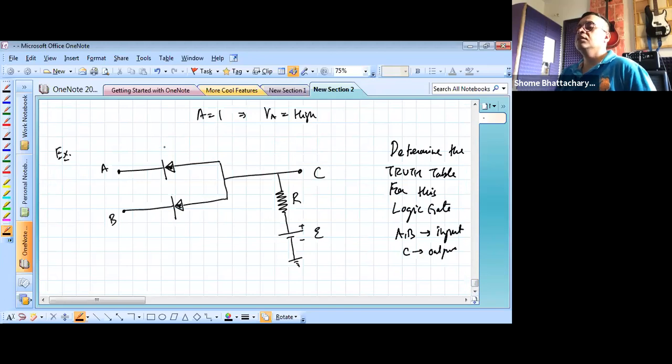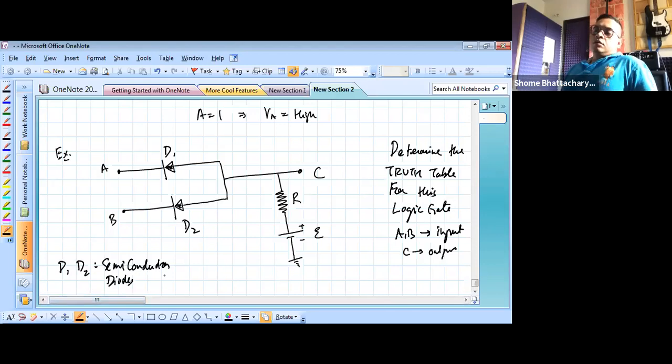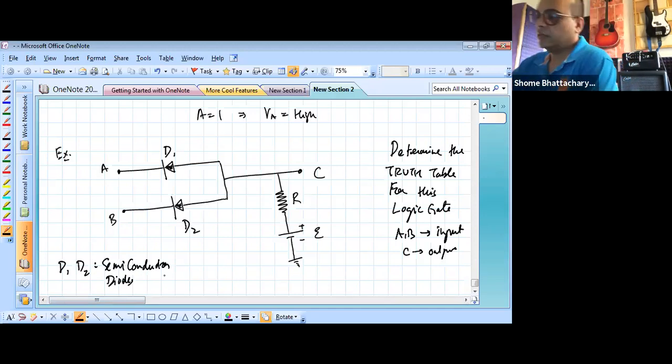And these are diodes. D1 and D2 are semiconductor diodes. Just try to work this out. Try to understand how this will implement digital logic and what is the situation we're given.